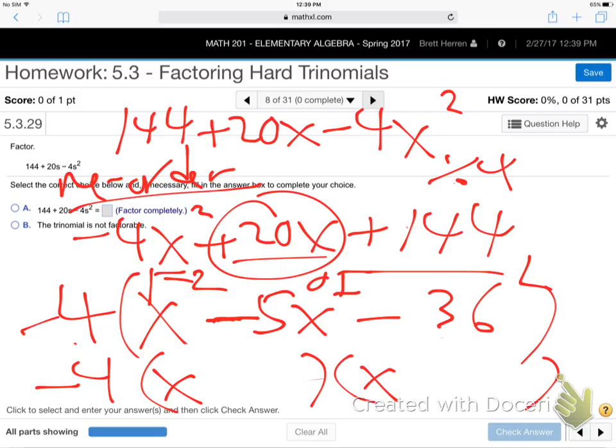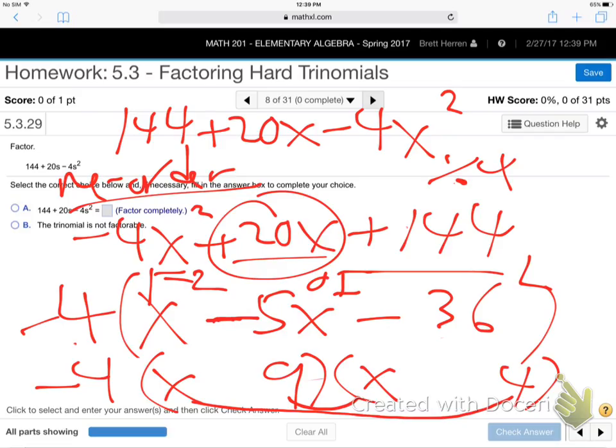What times what is 36? 6 and 6, but that ain't going to make the middle 5. 9 and 4 can make the middle 5. So you've got to try other combinations on your calculator for 36. 4 and 9, that's going to make the middle, isn't it? I'm kind of out of room for the FOIL thing. I'll try to squeeze it here and there.